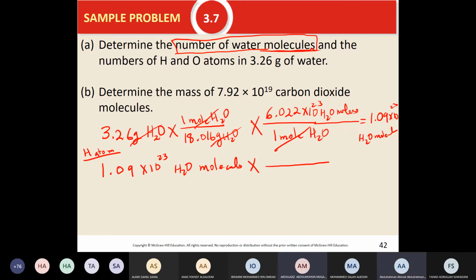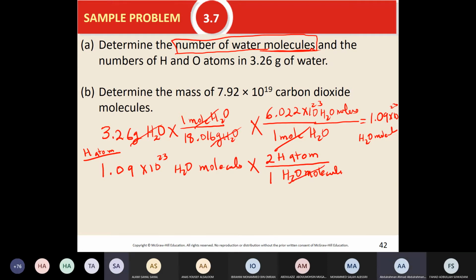I will say 2 hydrogen atoms for each 1 H2O molecule. Right? In each H2O molecule, there are 2 hydrogen atoms. Correct or wrong?